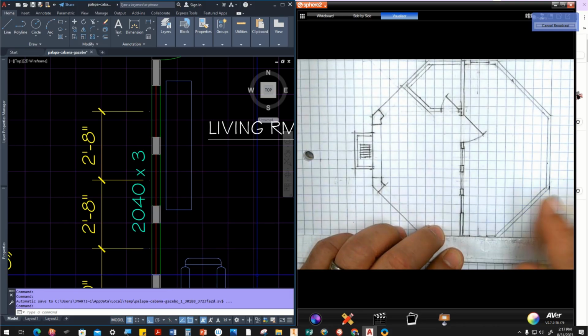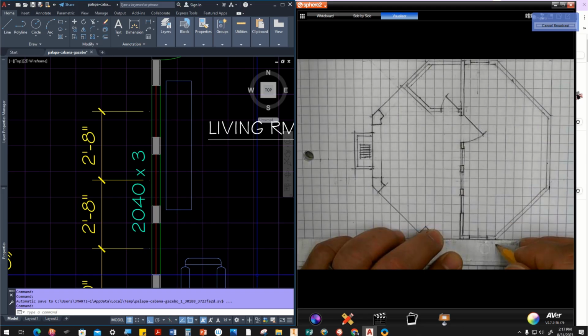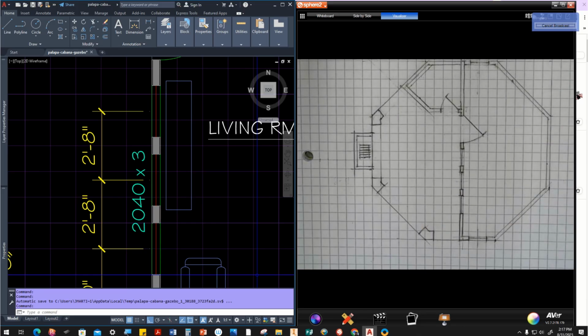And there you have symbols for doors and windows. Go ahead and finish this.